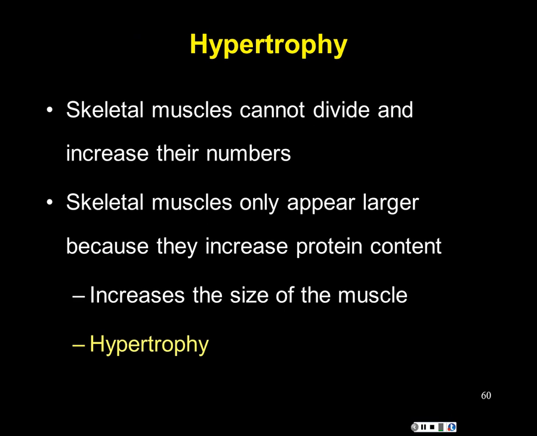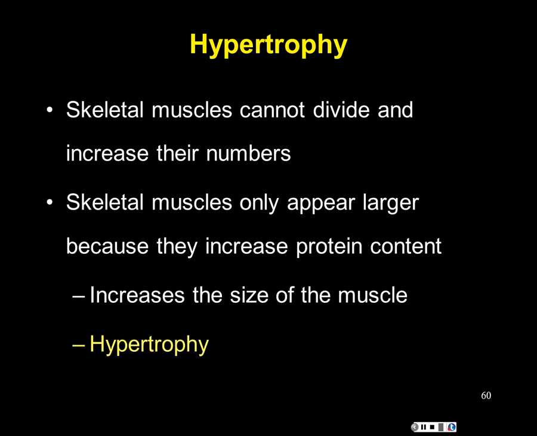As we grow, skeletal muscles, once our skeletal muscle organs are formed into adulthood, they're formed. You cannot add new skeletal muscle cells under natural processes.